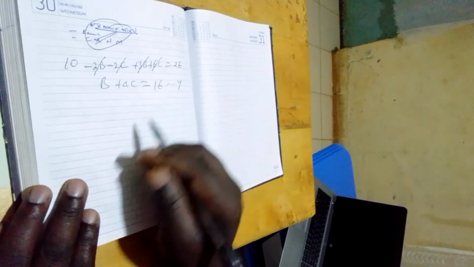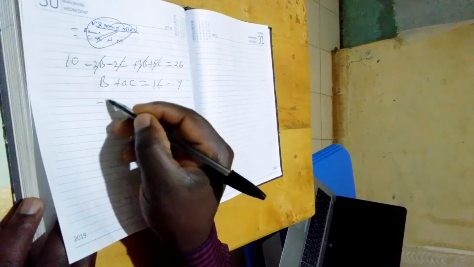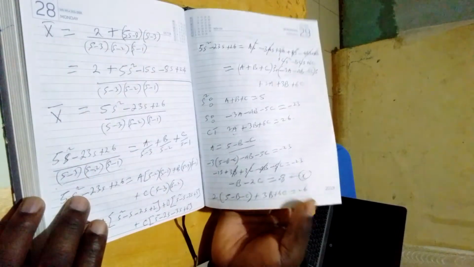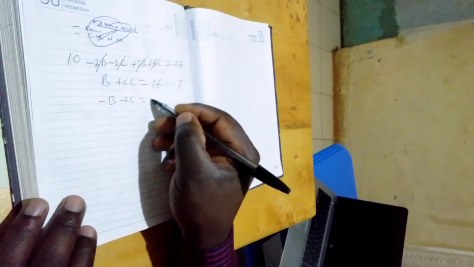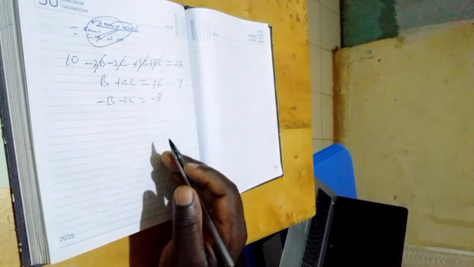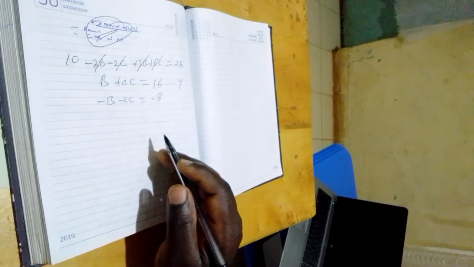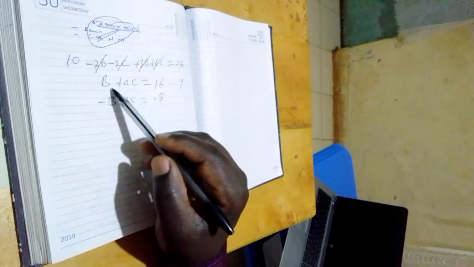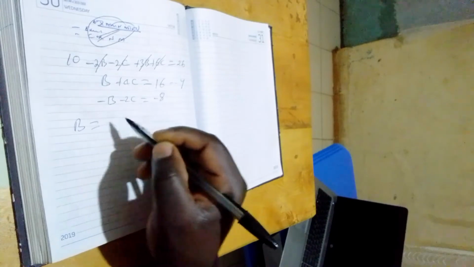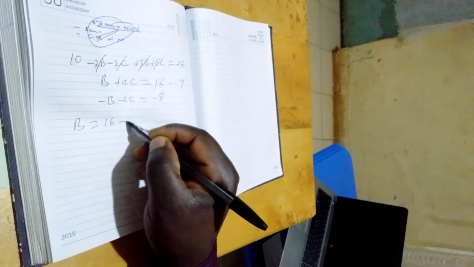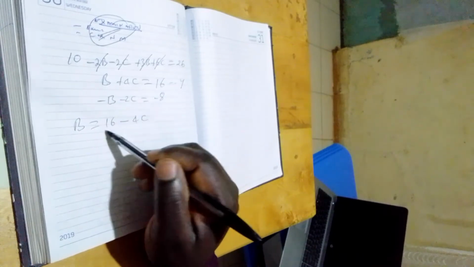Call it equation Y. So we have our equation X, which is minus B minus 2c equals to minus 8. So we can solve the two equations. I can make B the subject in equation Y, in that B equals to 16 minus 4c. So where there is B in the second equation, I replace with this.